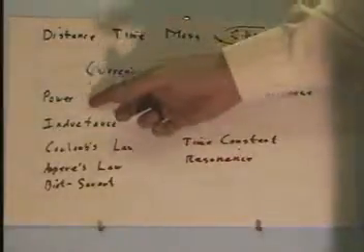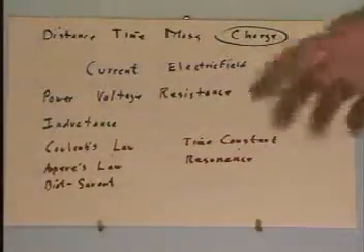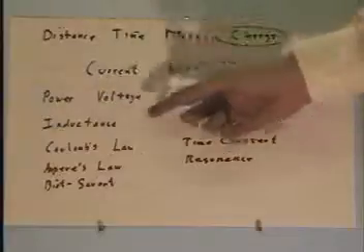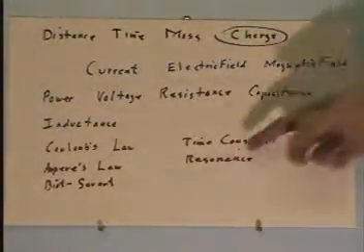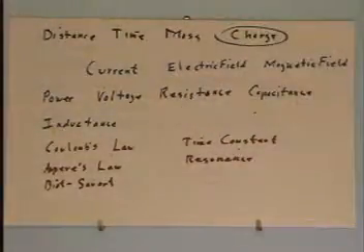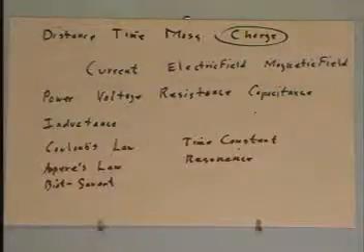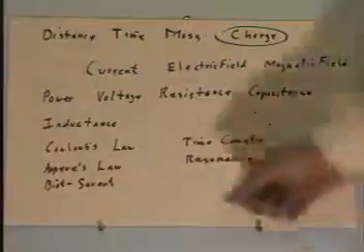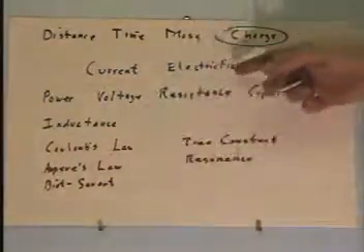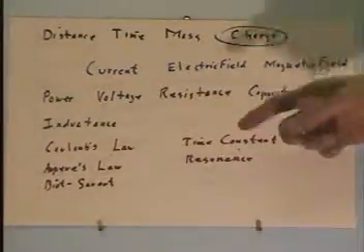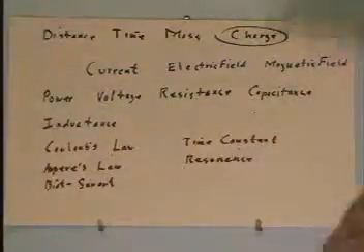How does power get from the power station to you? What is the power? The idea of voltage, resistance, capacitance, and inductance. I'm not going to talk too much about these, but think about these terms. Coulomb's law, which tells you how static charges affect each other.